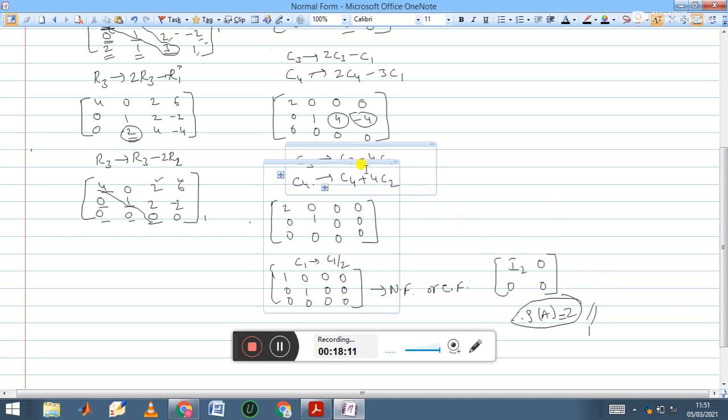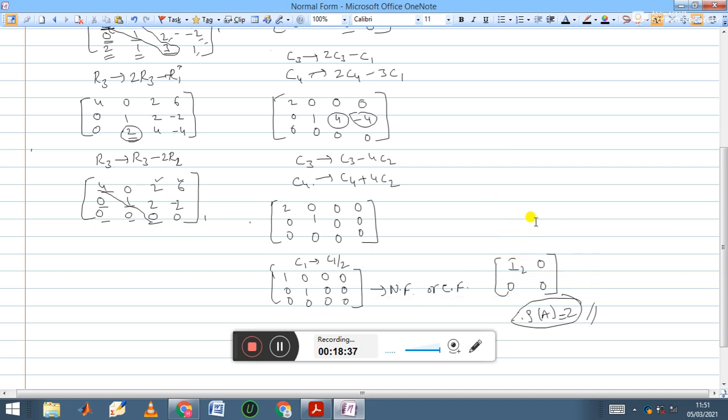Finally, whatever row or column operations you are using, you have to get the identity matrix. Here the given matrix is of order 3 cross 4, so you may have a chance to get I3, but whenever you use elementary row and column operations, here you are getting I2, not I3.